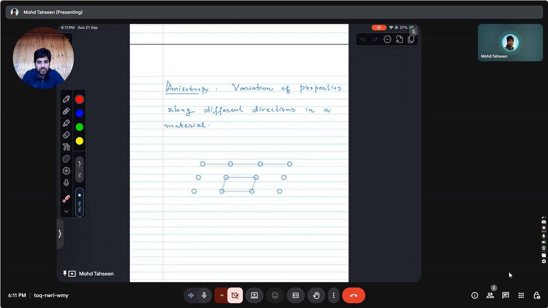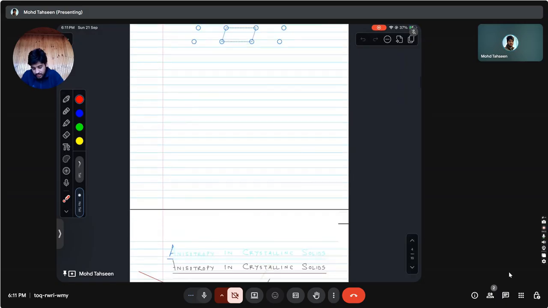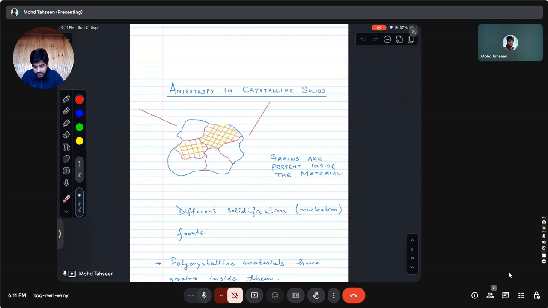If we talk about metals, then how the atoms of that metal are distributed in space determines the properties that they show along different directions, right? And so it depends on the crystal structure.